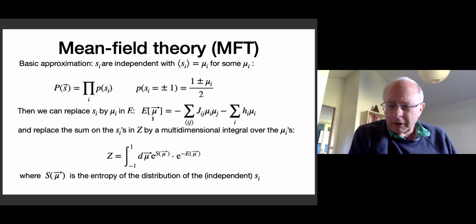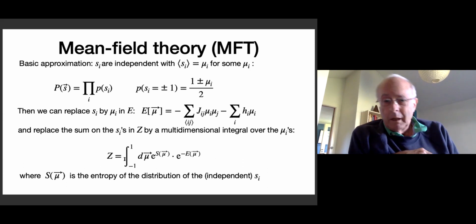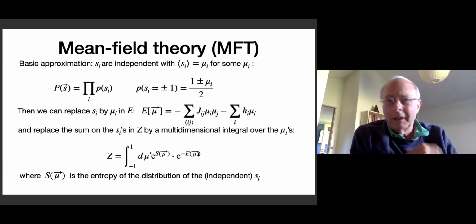Well, to evaluate the partition function, we needed to sum over all the sigmas, all the S's, plus or minus 1, sum e to the minus the energy. So here in this expression for the partition function is the e to the minus energy. And I have to now integrate over all these mu's.